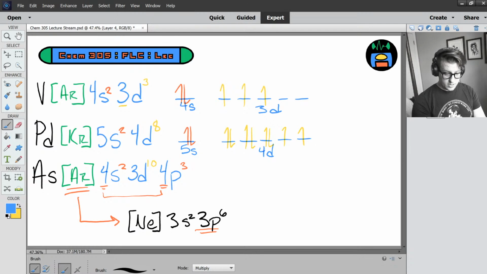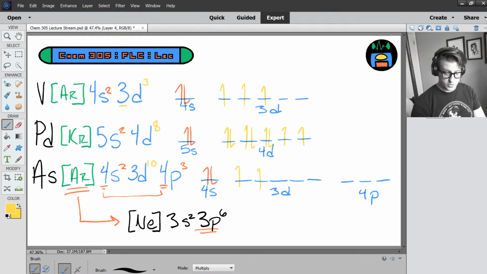And then for arsenic, we have the 4s subshell. We have our 5 orbitals in the 3D subshell, and the 3 orbitals in the 4p subshell. So we've got 2 electrons in the 4s. We have 10.